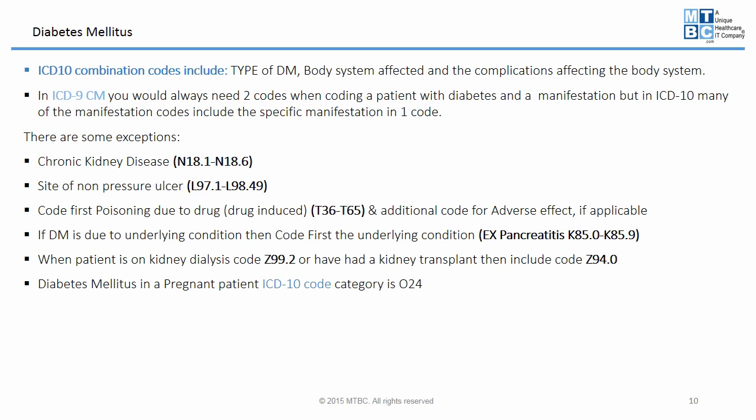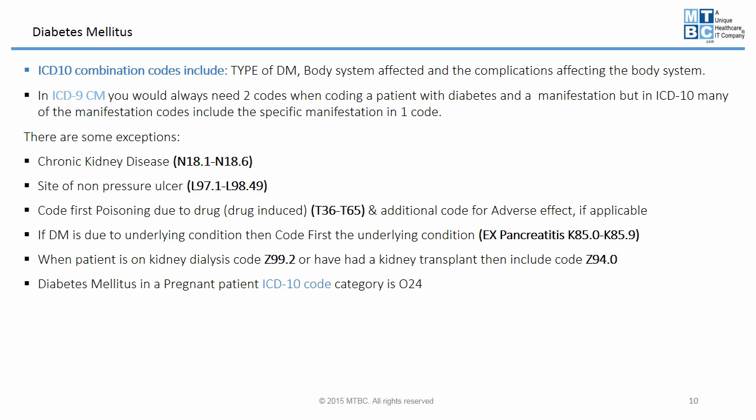If the patient had poisoning due to any kind of drug, or the drug-induced diabetes, then you would need to put what drug it was first that caused the diabetes, okay? So say T36 said that it was from, let's just say, Humira.